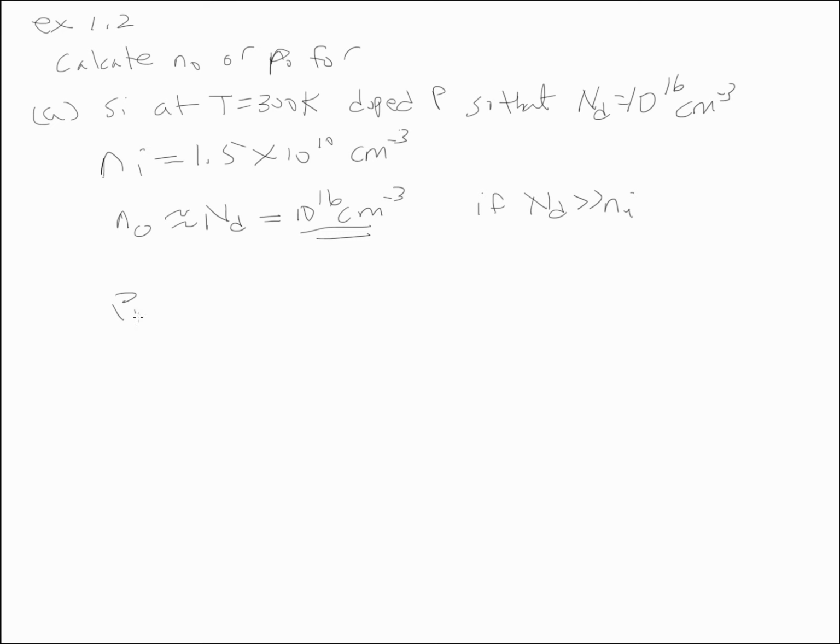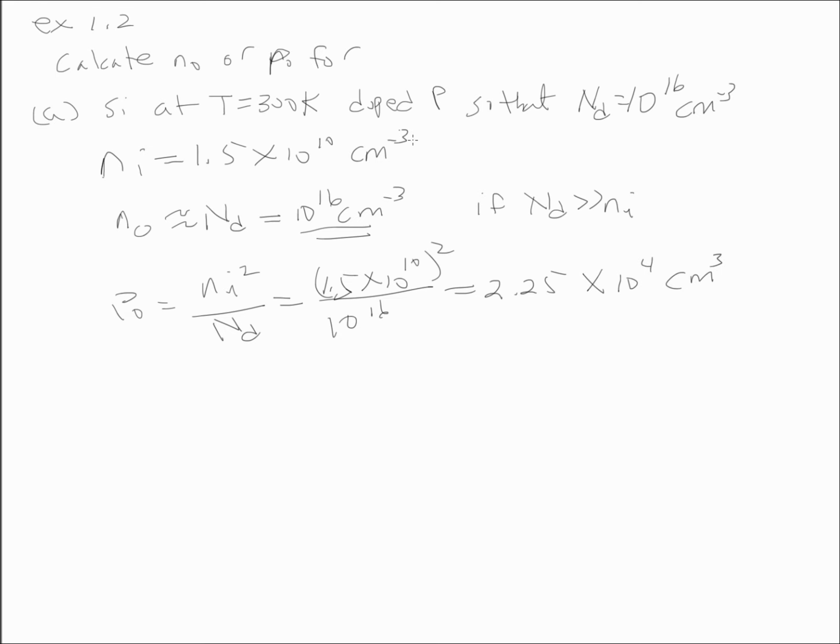And then p0 is just going to be Ni squared over Nd, so that's 1.5 times 10 to the 10, all squared on the top, over 10 to the 16th. And this gives you 2.25 times 10 to the 4th per cubic centimeter.